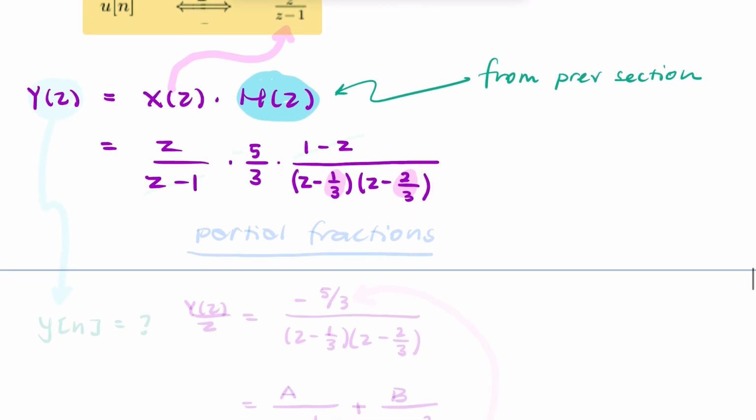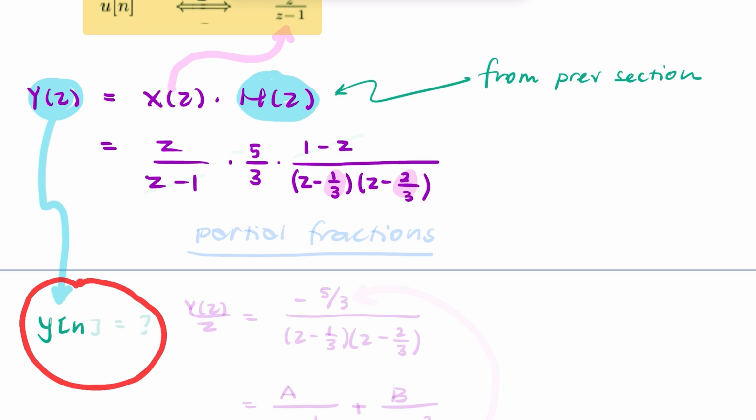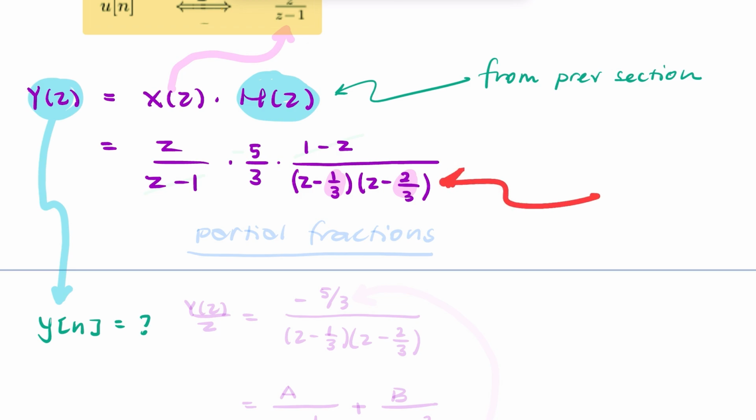So if only we could find the inverse z transform of y of z, if we could somehow find y of n, then that would be our step response. But it's not easy finding the inverse z transform of something with so many z's in the denominator. So we're going to need to simplify that.